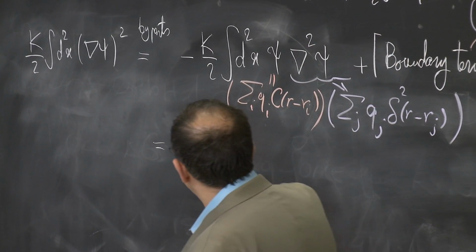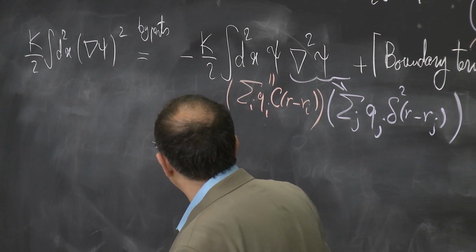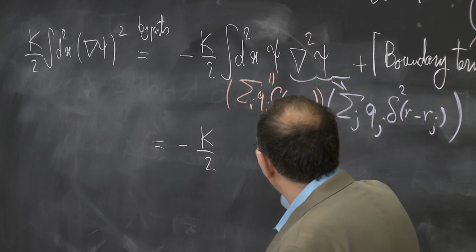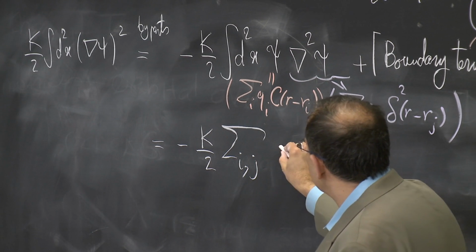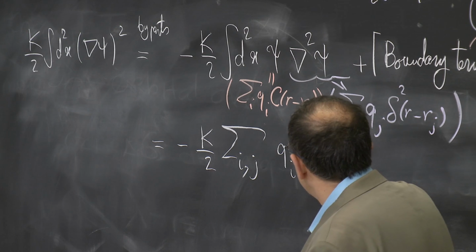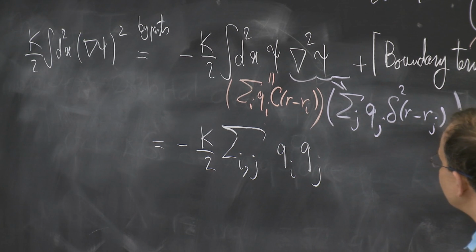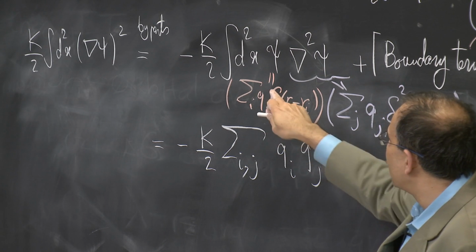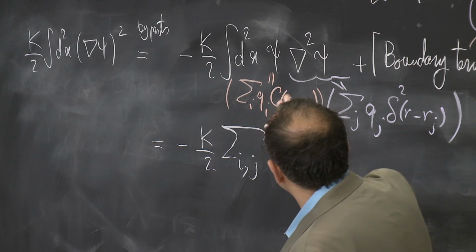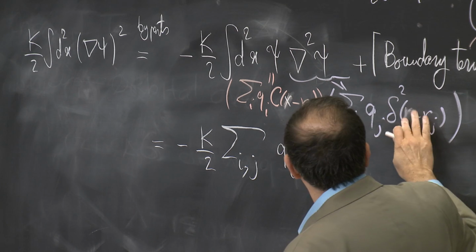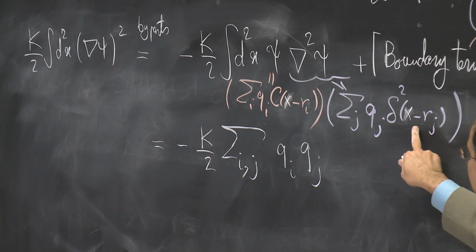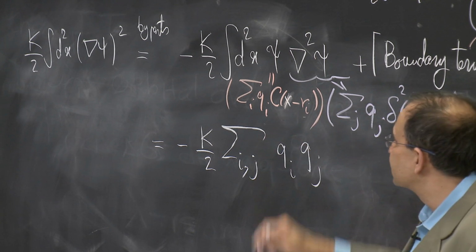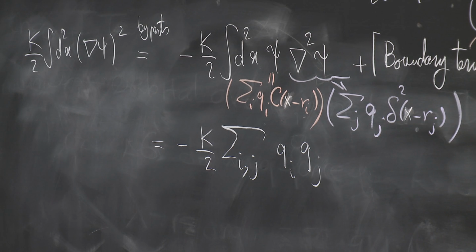You will get a minus k over 2 sum over pairs i and j, qi qj, and then I have the integral over x or r. They're basically the same thing. Maybe I should have written this as x. And the delta function ensures that x is set to be the other ri.